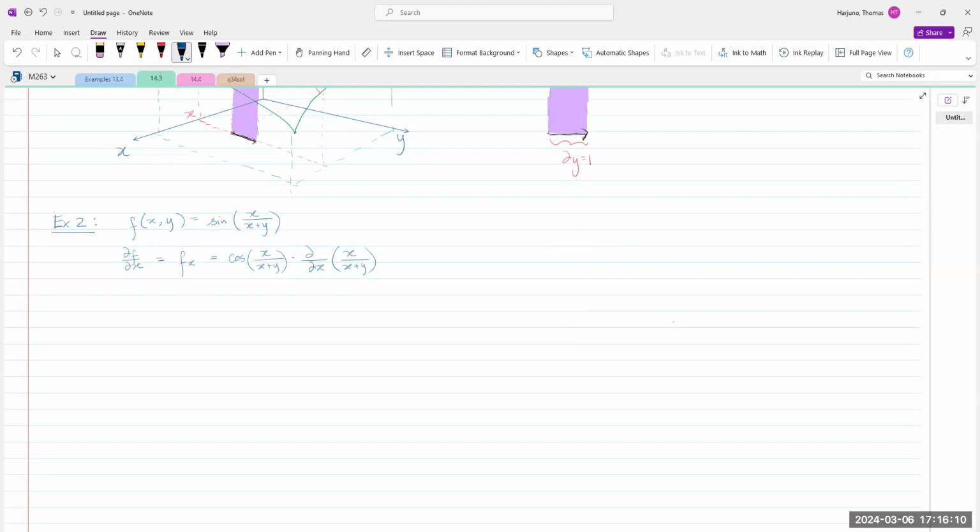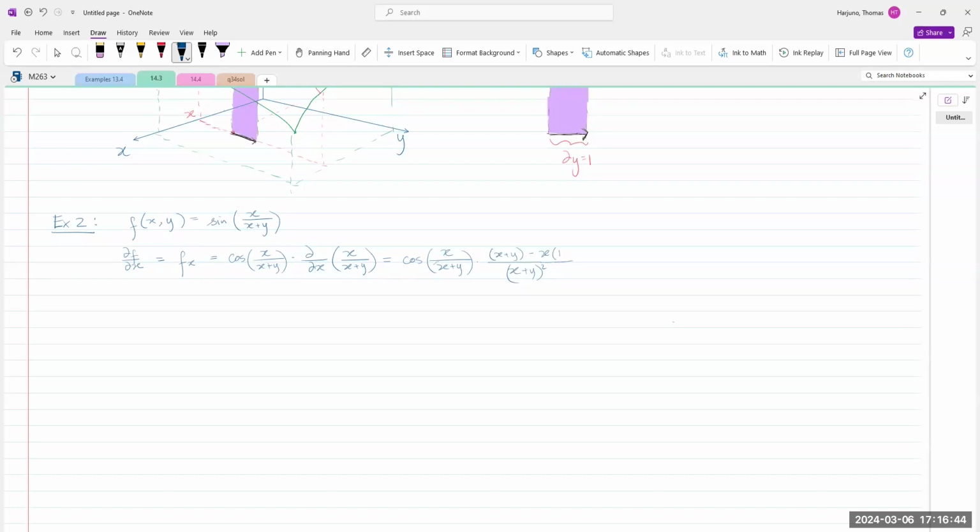which if we simplify, I will get cosine of x over x plus y times, then what is the derivative of this guy with respect to x? I think I need to do the quotient rule. At the bottom I have x plus y squared. On the numerator I have x plus y minus x times 1.